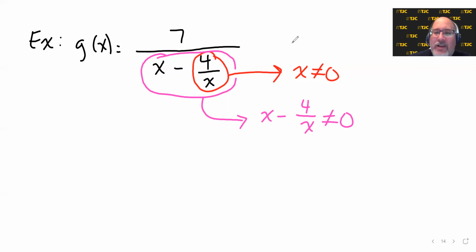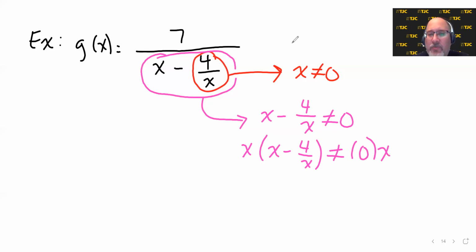If we multiply both sides of this by x, because that's the only denominator in here, we can distribute on the left to get x squared minus, and then when we distribute the x to the 4 over x, the x's cancel, leaving a 4. And on the right side, we get 0 times x is 0.